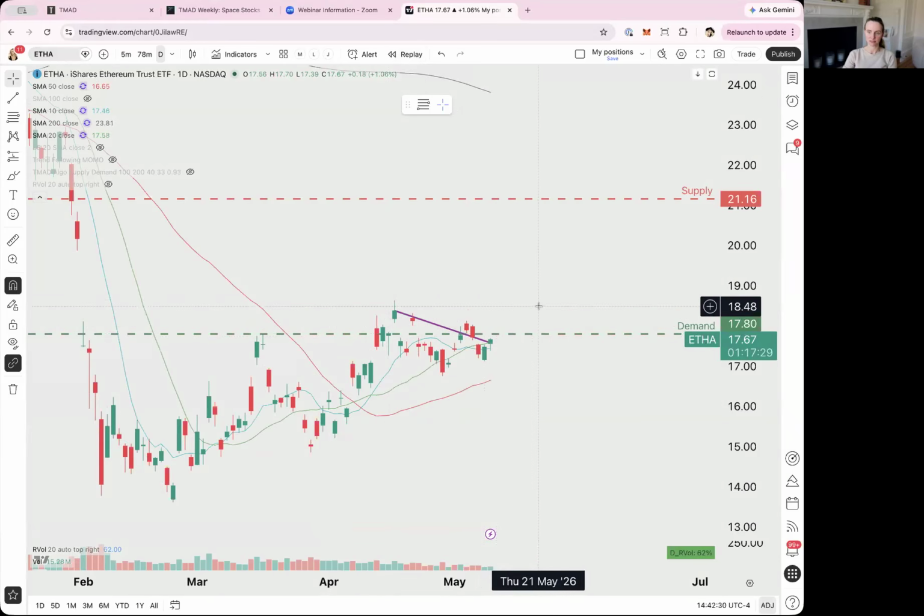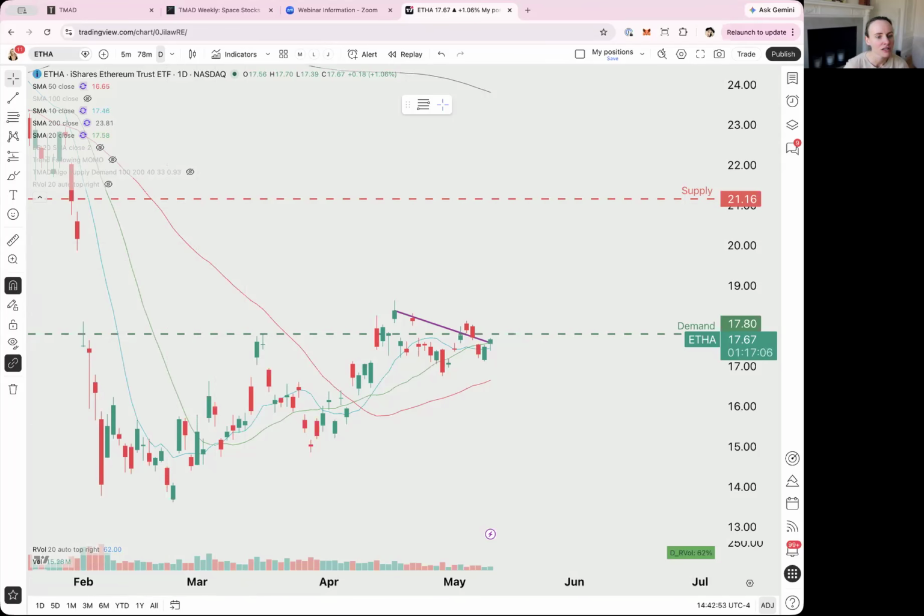It could probably start grinding higher. If you break out nicely these levels, then stay in BMNR because that's going to move much faster than Ethereum, right? So that's how you manage. But if you have options on BMNR and you're getting killed on the Theta, that's when I would rather own shares than options, quite frankly.